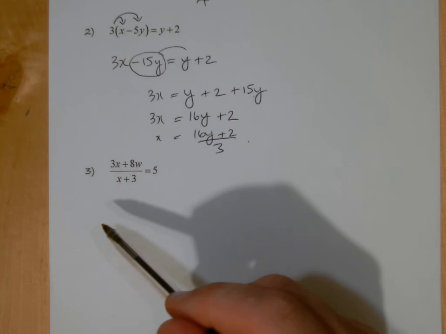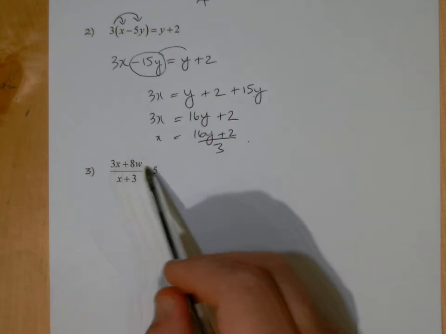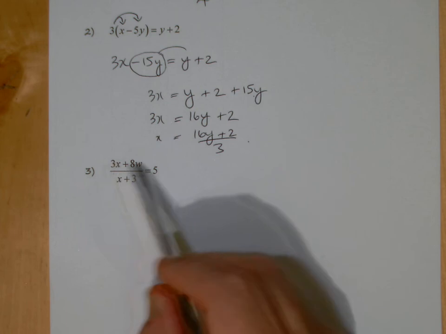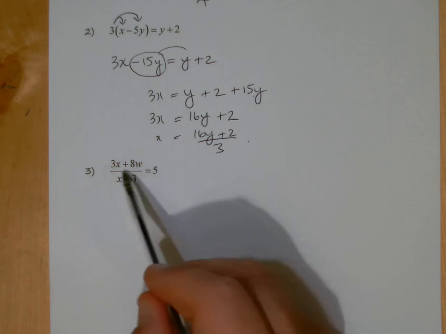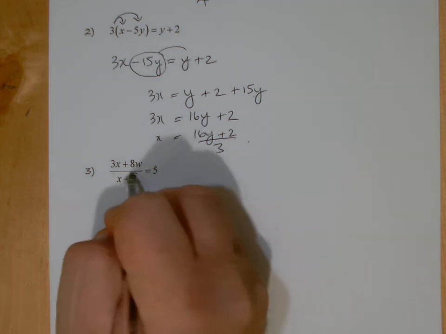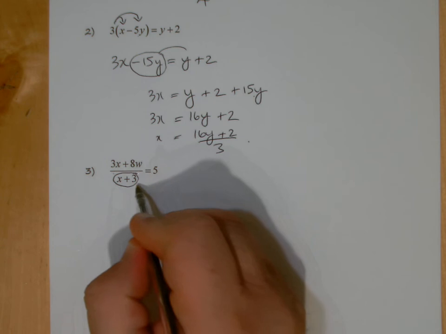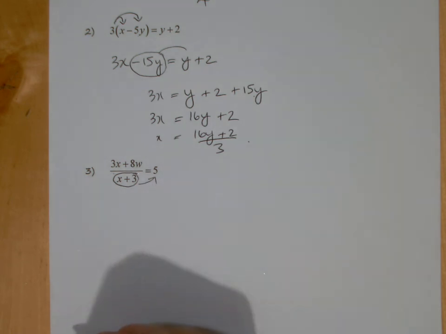First thing I would do here is appreciate that we've got a division. We're dividing this by this. So there's a way of getting rid of this denominator, because you're dividing the whole side by x plus 3, take it over the other side.